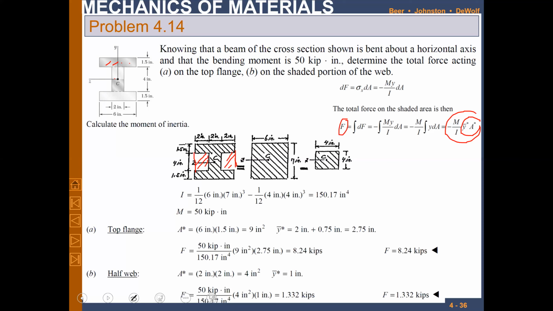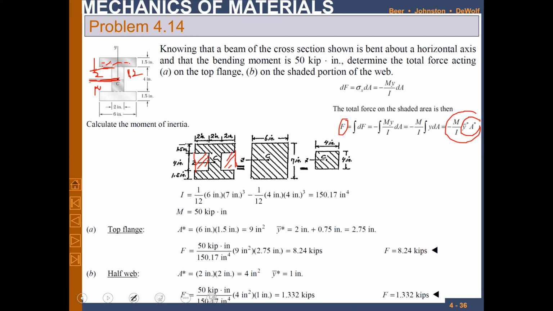This is the axis from which we want to calculate. This is the C. So what will happen? This amount is 2, because it is the center of the web. If it is 4, then this distance is 2, and this is 1.5, so it will be over here.